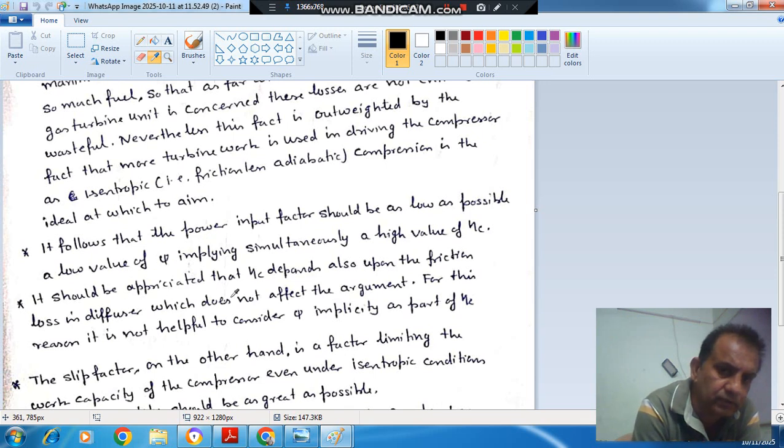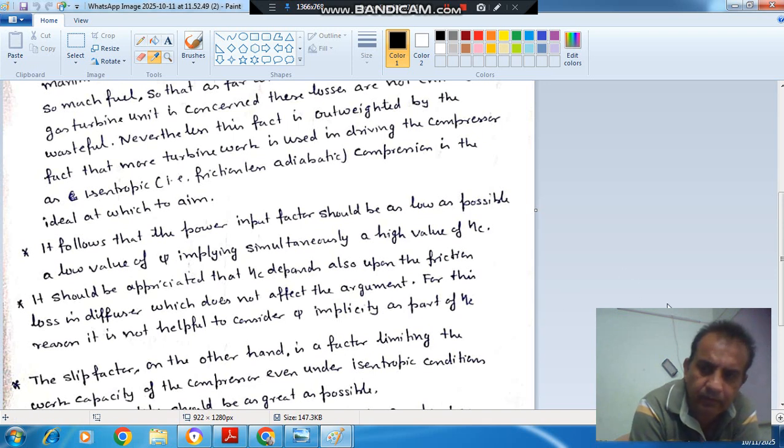So isentropic efficiency also depends upon the friction loss in the diffuser, which does not affect the argument. For this reason, it is helpful to consider power input factor implicitly as part of this isentropic efficiency. So this whole doesn't represent the isentropic efficiency. It is part of it, because diffuser losses also have to be considered.